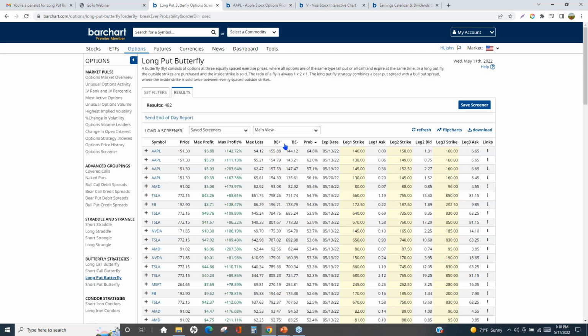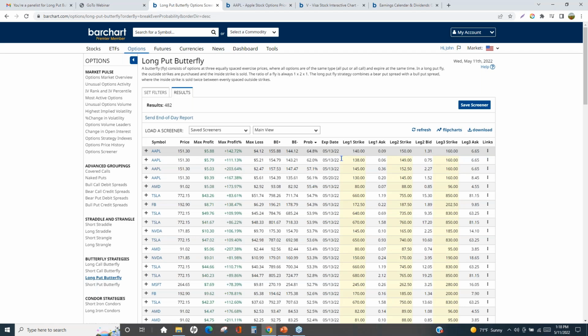Break even, BE plus, BE minus, that's our break even values. That's our upper and lower strike value adjusted by the cost of our trade. So the BE plus would be our upper strike minus the cost of the trade, and our BE minus, our lower break even, would be our lower strike plus the cost of the trade.